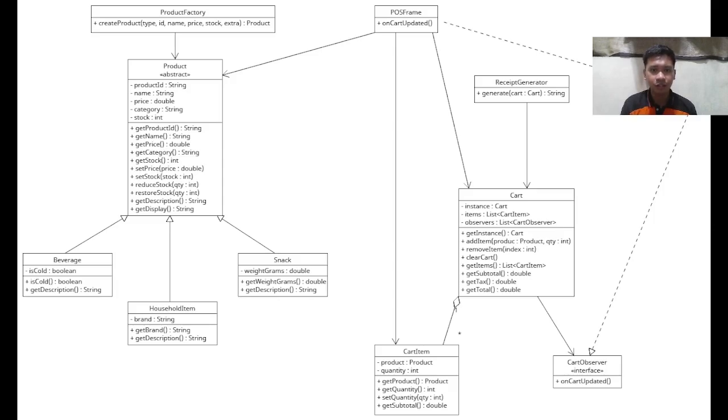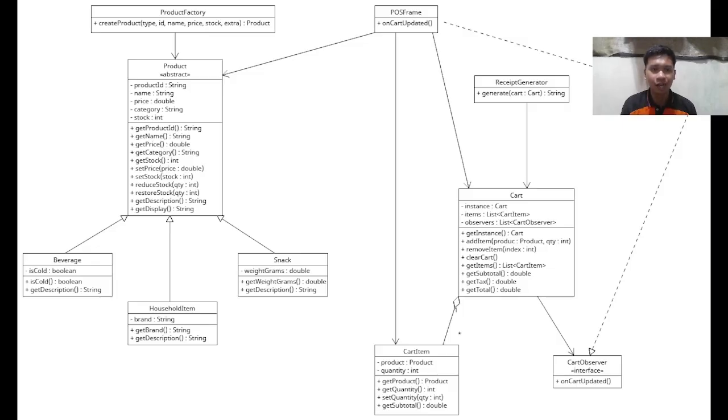Here we have the product class, which is an abstract class. It serves as the base class for all product types in our system. From this, we have three subclasses: beverage, household item, and snack. These demonstrate inheritance, where each subclass extends the product and adds its own unique attributes.